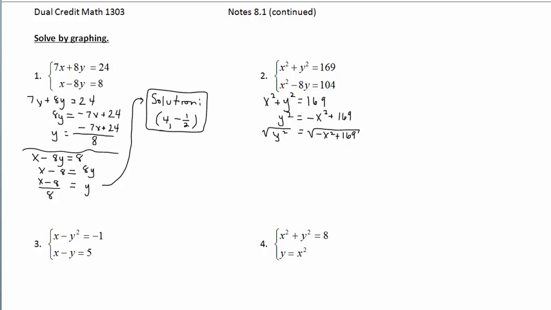All right, the square root of y squared comes out as the absolute value of y. Remove the absolute value, and you're going to have plus or minus in front of the radical.